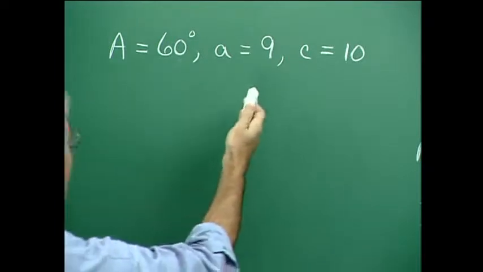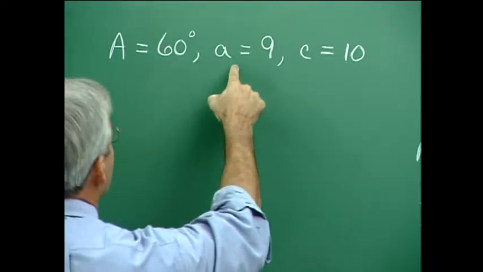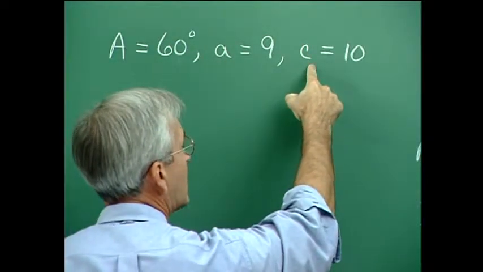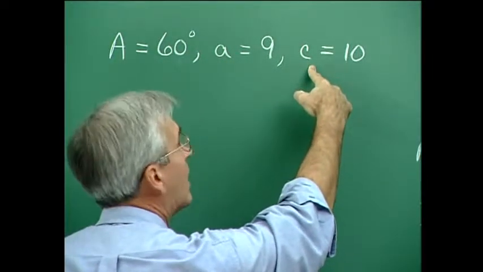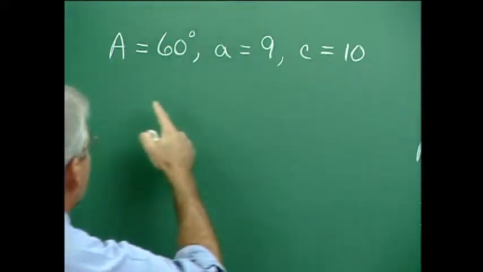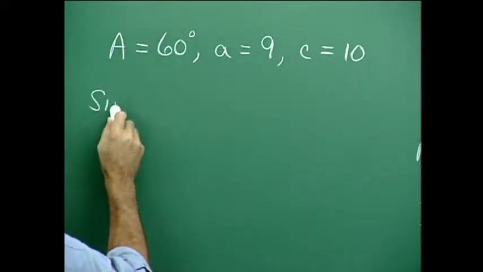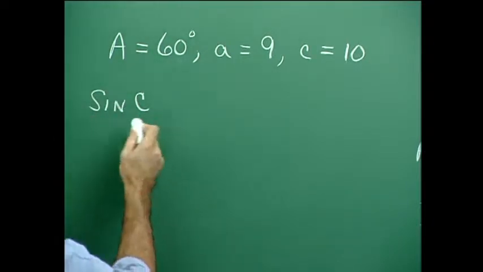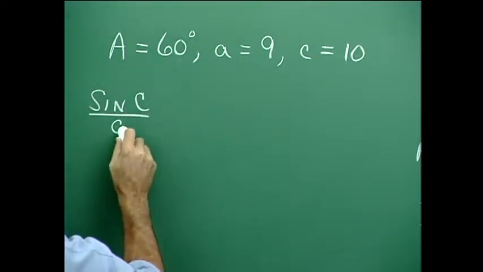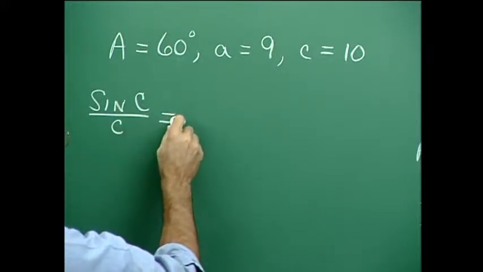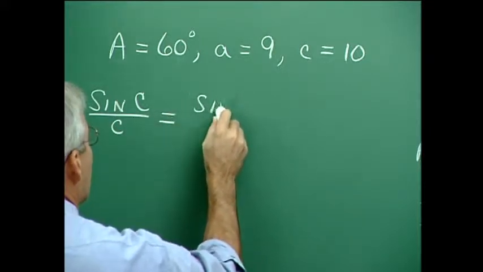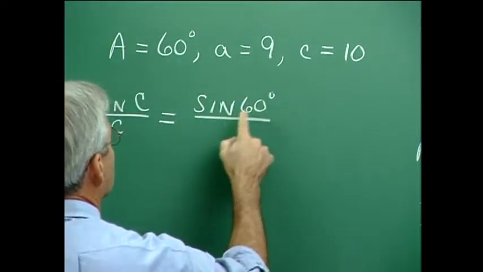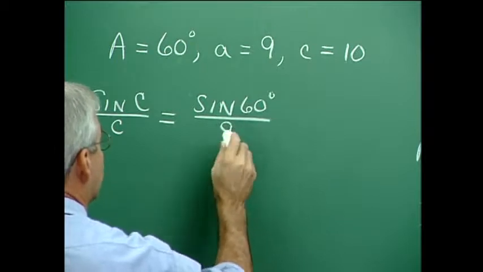We simply begin by thinking, well, let's see. We have information about this angle side opposite pair. We have side C, so we're going to find angle C. So I'll set it up with the sine of that angle in the numerator of the left side fraction, just to make things easier algebraically, and this is over C. This is set equal to the sine of 60 degrees over the side opposite that angle, which is 9.